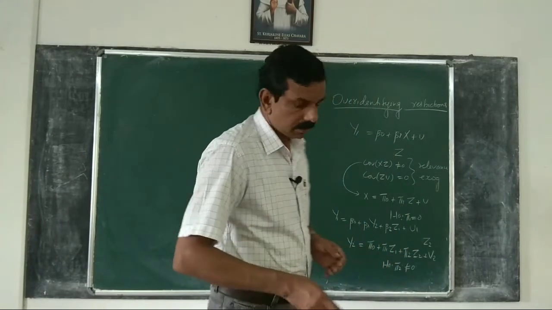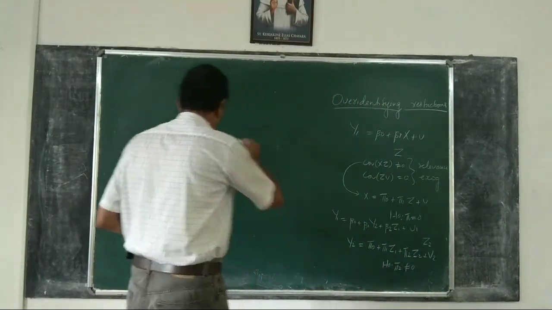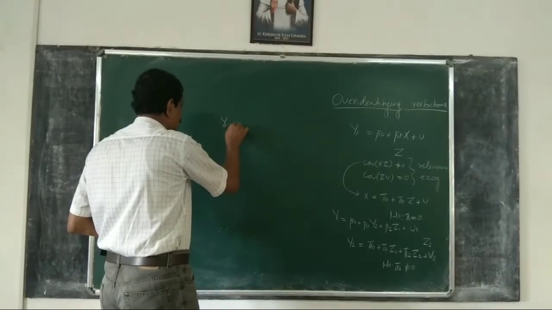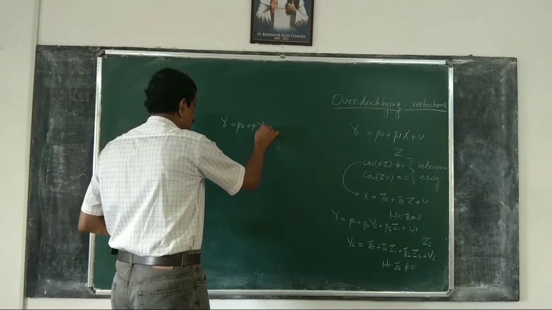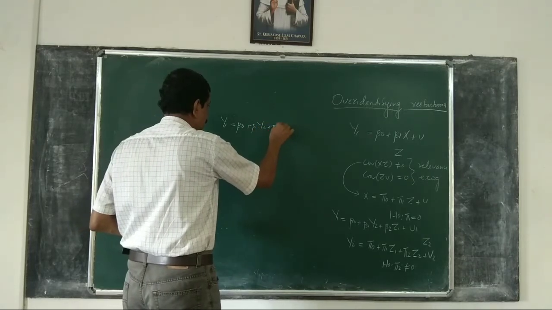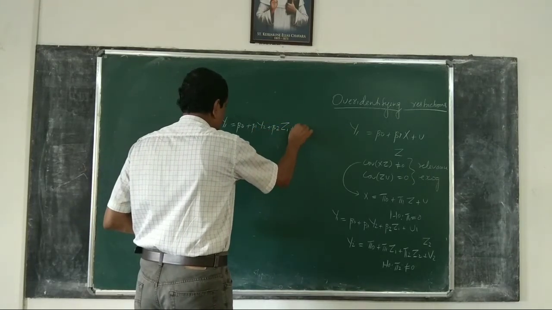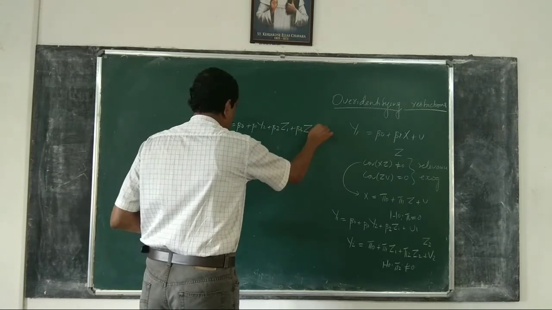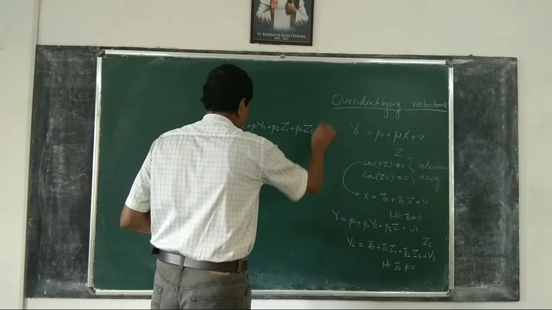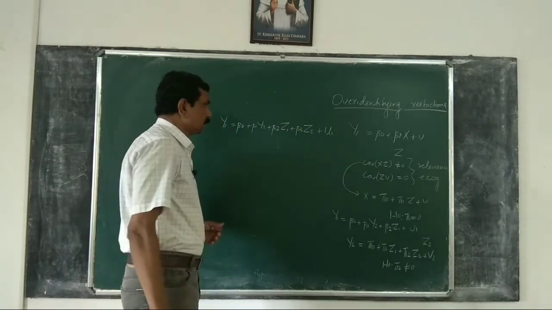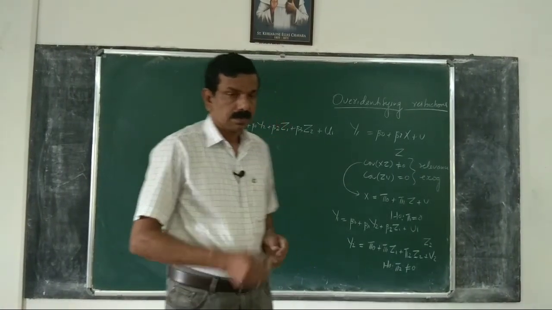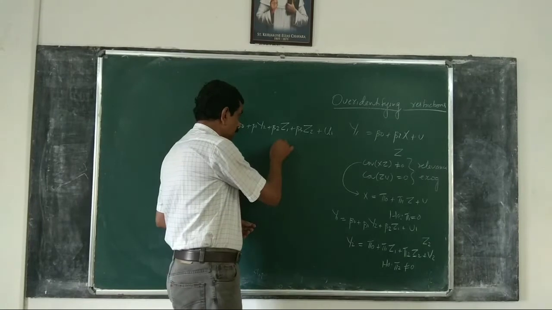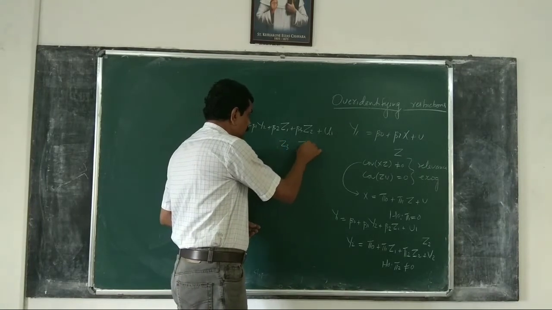To explain this, consider the model y1 is equal to beta 0 plus beta 1 y2 plus beta 2 z1 plus beta 3 z2 plus u1 with the two instruments z3 and z4.